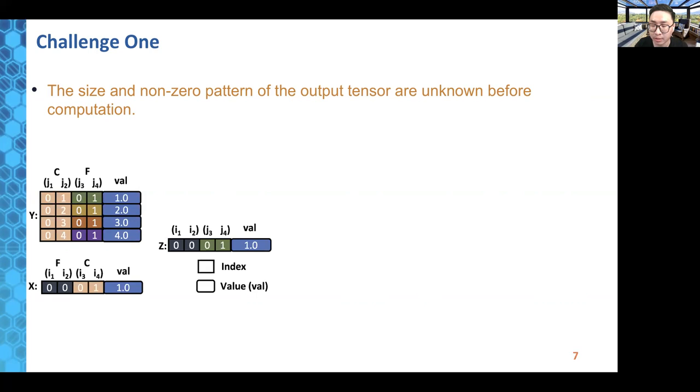We perform a two-mode tensor contraction, which are I3, I4 in X, J1, J2 in Y, notated as contraction modes C. The tensor contraction generates an output tensor, which is a four-order tensor containing I1, I2 from X, and J3, J4 from Y, notated as free modes F. As we see here, the number of non-zeros in the output tensor is 1.